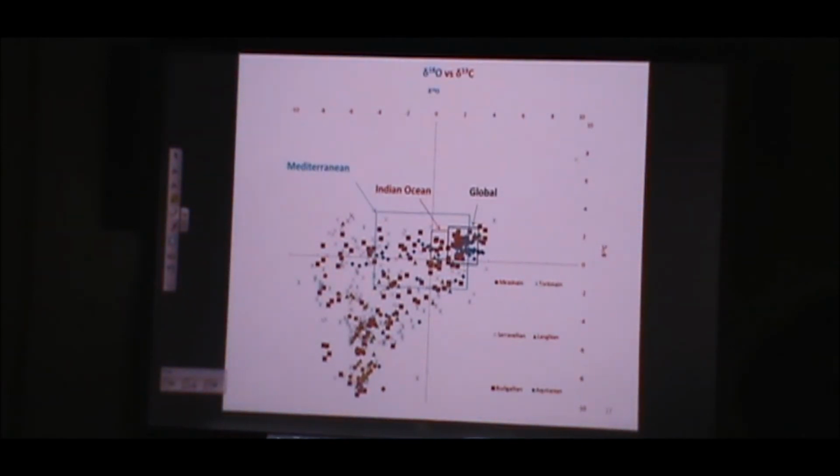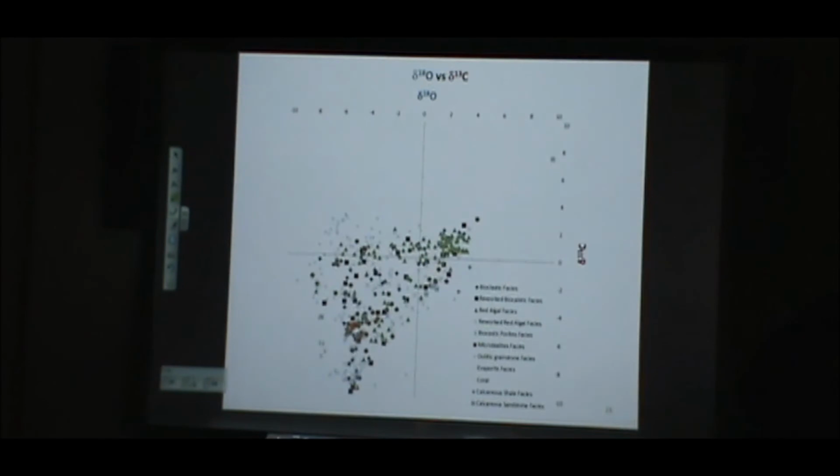This is another cross plot. So we plot them again by facies to see if we have facies control or not. What we found here, this is the bioclastics, the bioclast and red algae, which is basically the subtidal facies. They have the highest positive values here. But the oolitic, the plus sign, you find it all over the place.